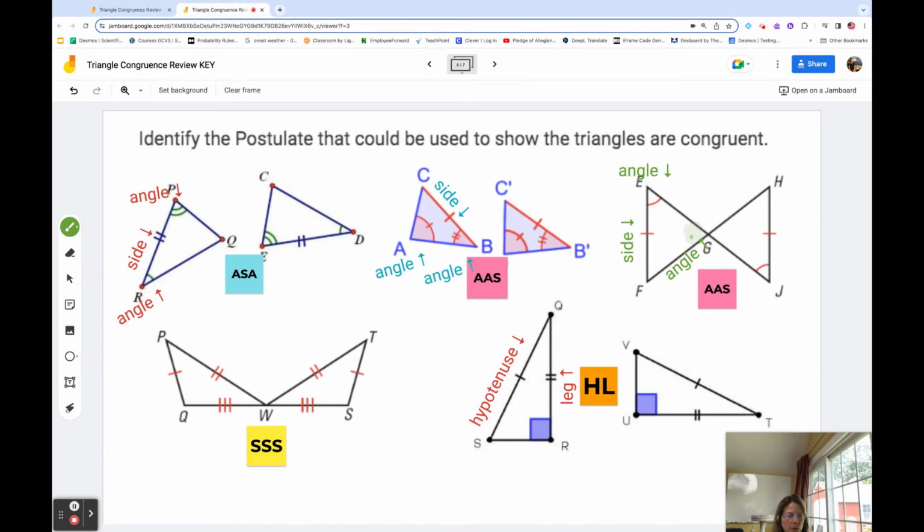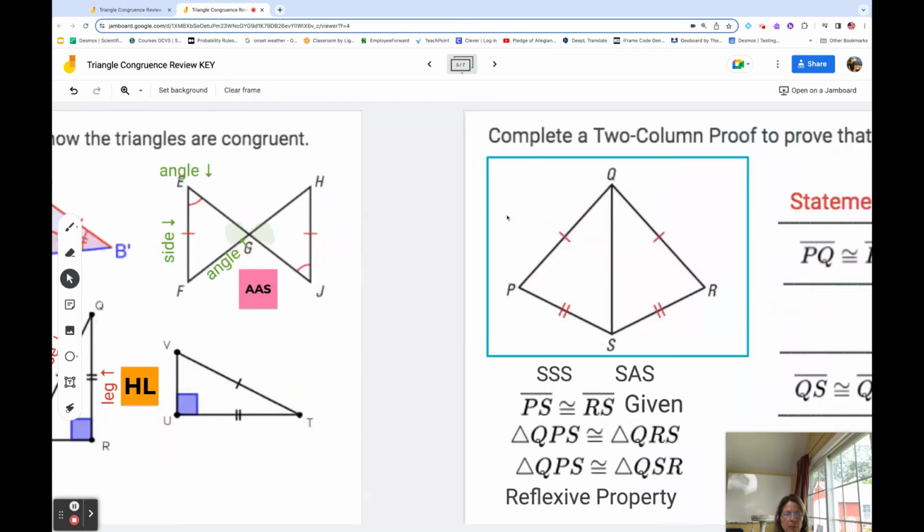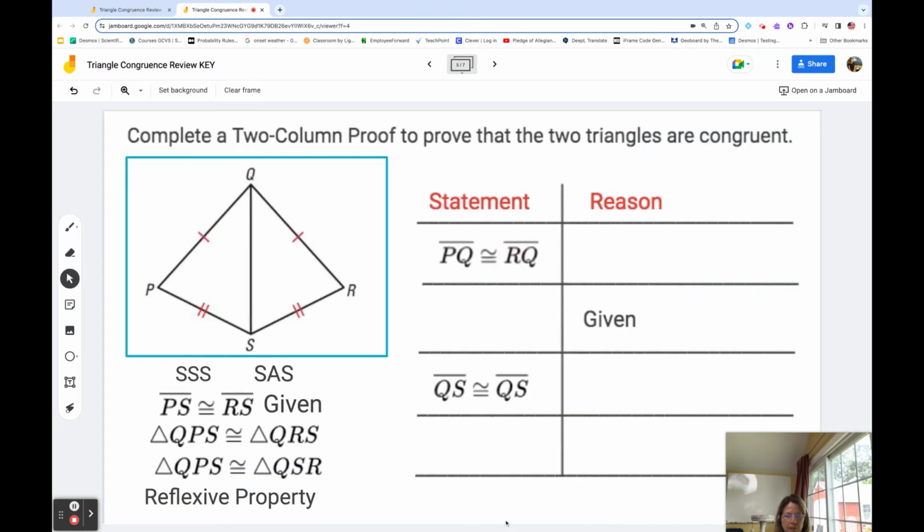This is why we're using angle, angle, side. Frame number 5. We're proving that these triangles are congruent. I can see that it's going to be side, side, and then another side because QS is congruent to itself. Both triangles share QS. So we start by dragging over the given information.